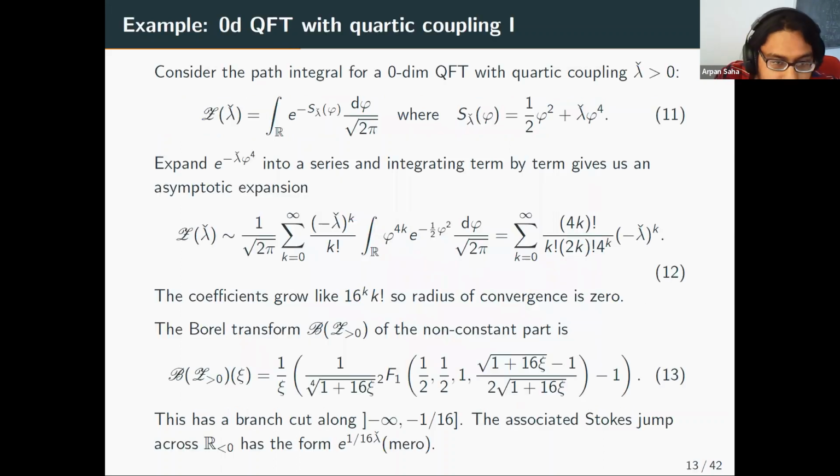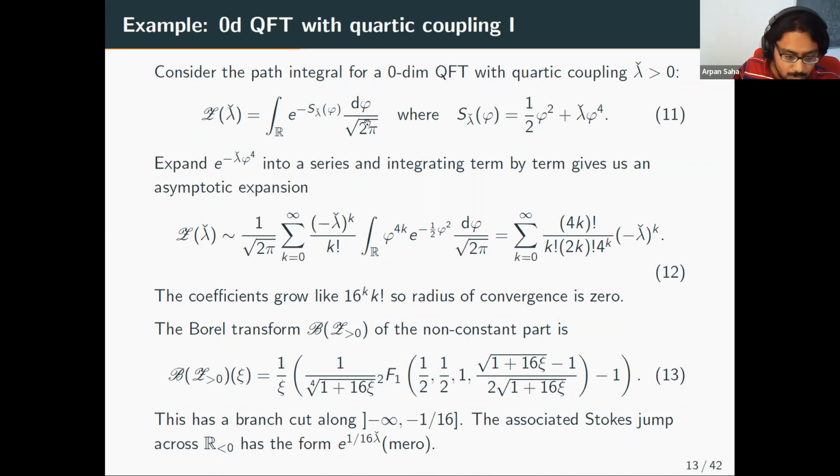So here's a quick example. Consider a zero-dimensional QFT over a single point with a single real-valued field, varphi. So the configuration space is just the real line. The action functional is an ordinary function of a single variable, and the path integral is an ordinary integral.